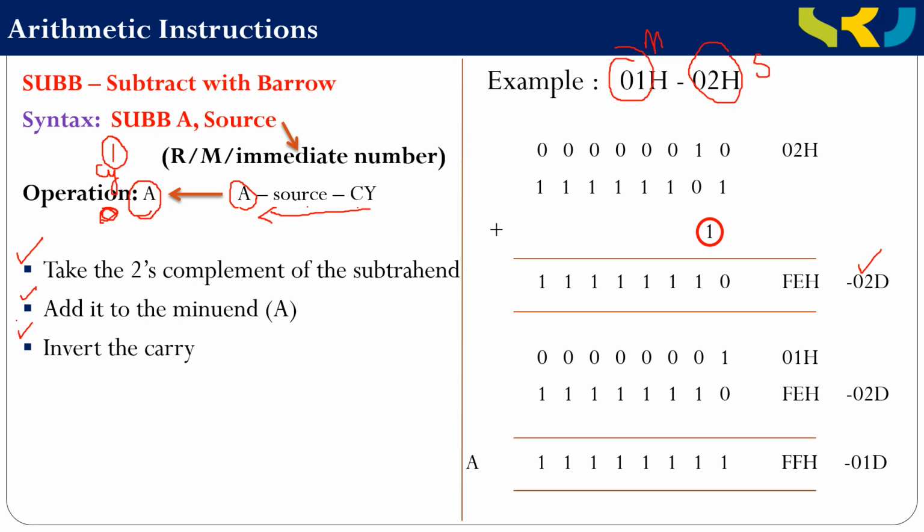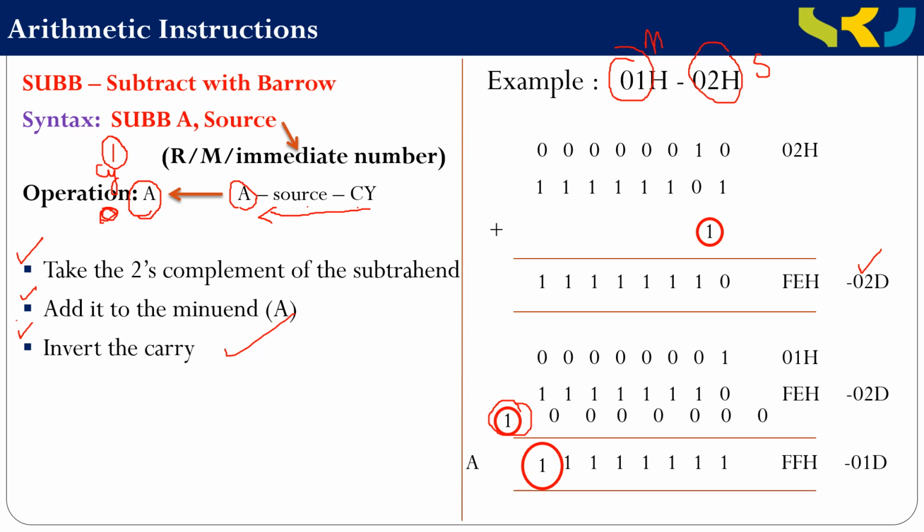If you add these two, we get this number, and you can observe that there is no carry. But as per our algorithm, we need to invert this carry. So after the subtraction operation, the value of the carry flag is equal to 1, which means we require the borrow.